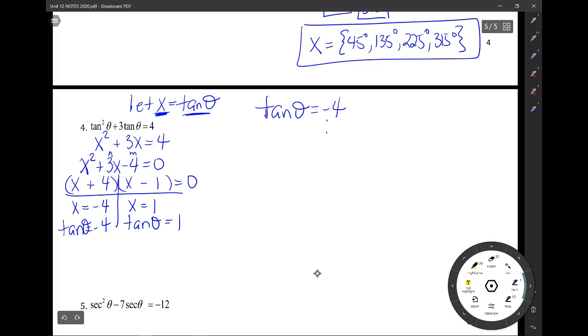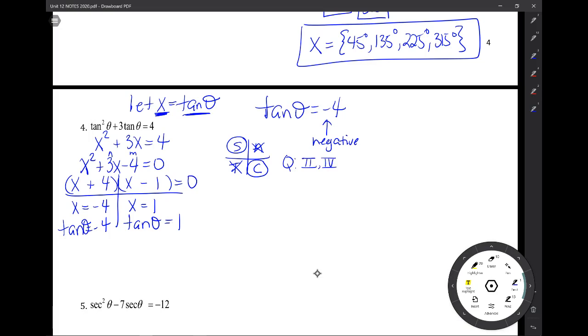First of all, it's negative. I use my ASTC chart, and I want to pick the quadrants where tan is negative. Tan is negative in quadrants 2 and 4.